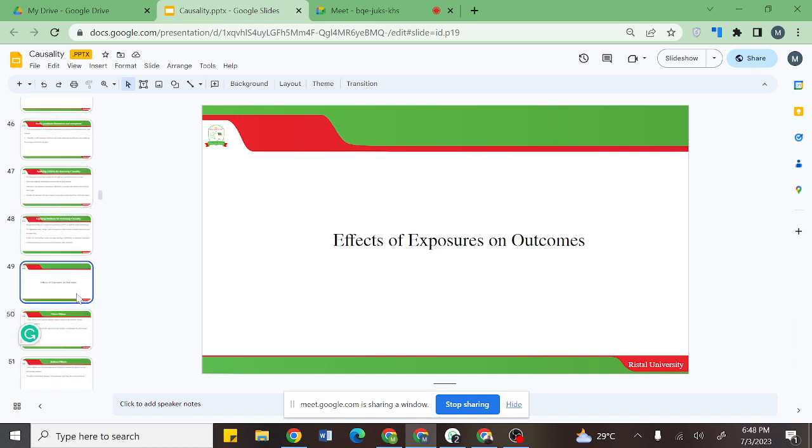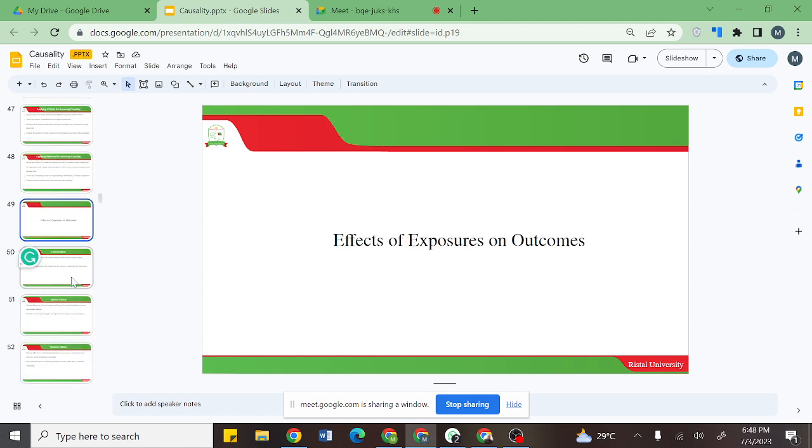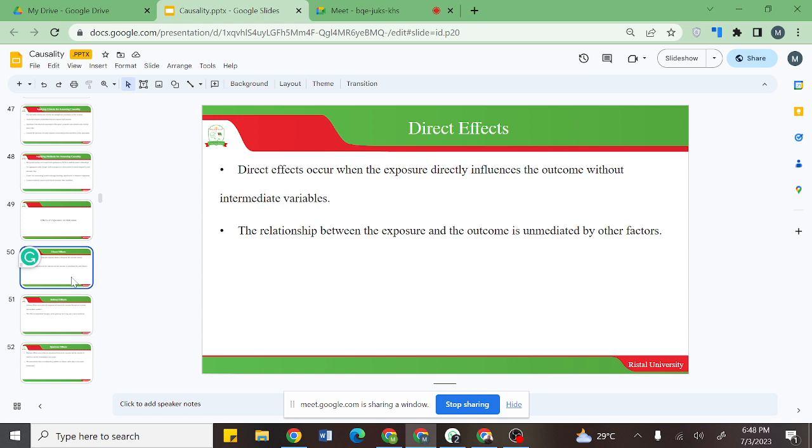Okay? So that is where we are. Now, before we actually go to those research designs, let's first look at what really happens between the exposure and the health outcomes of interest.